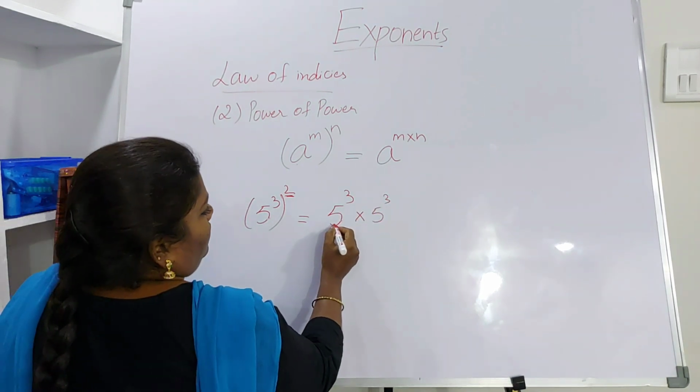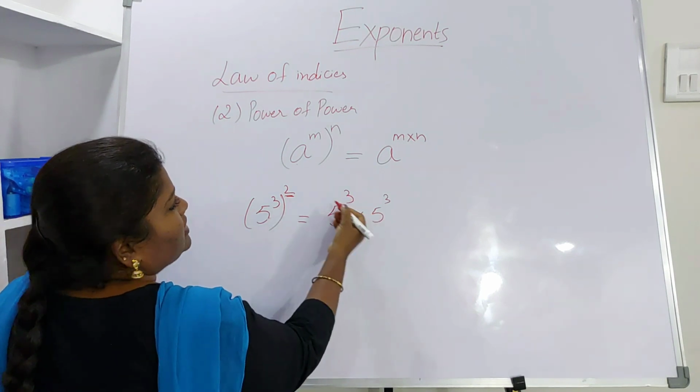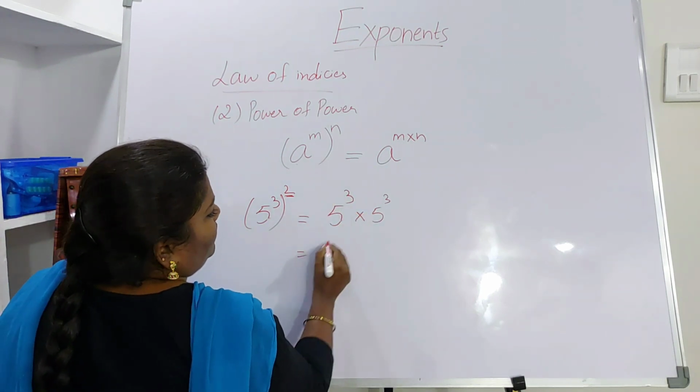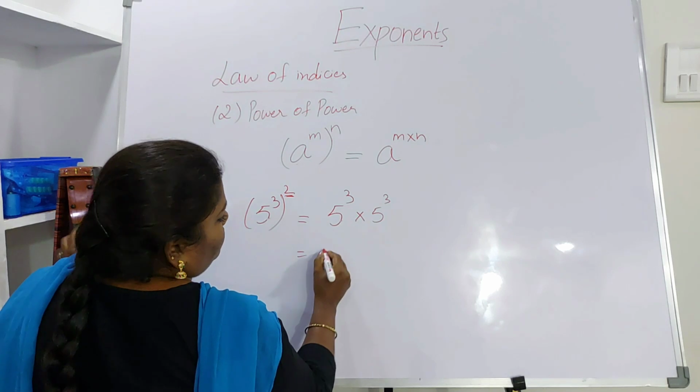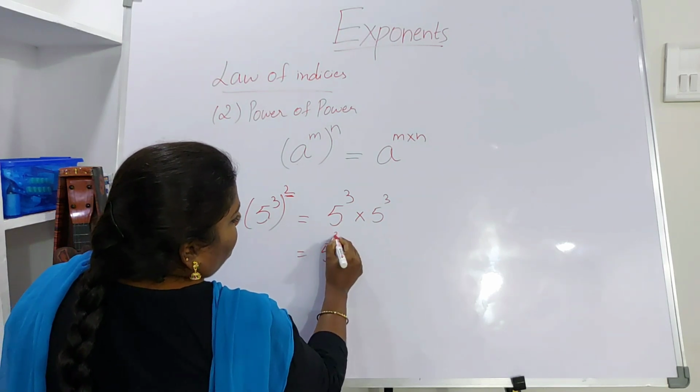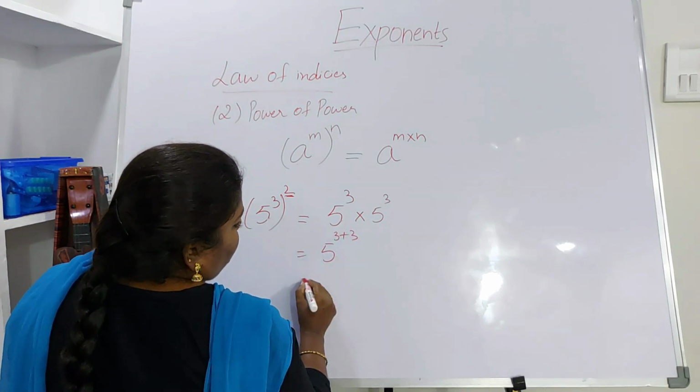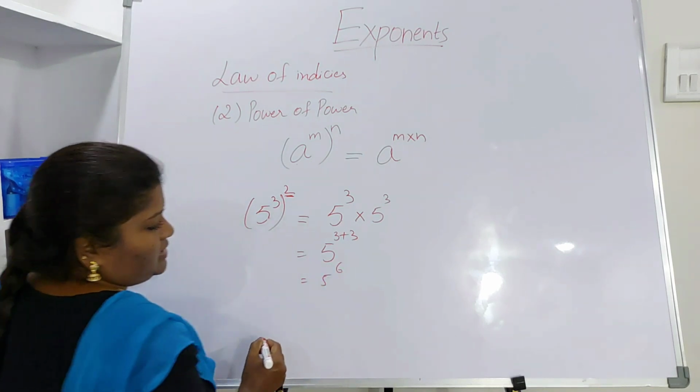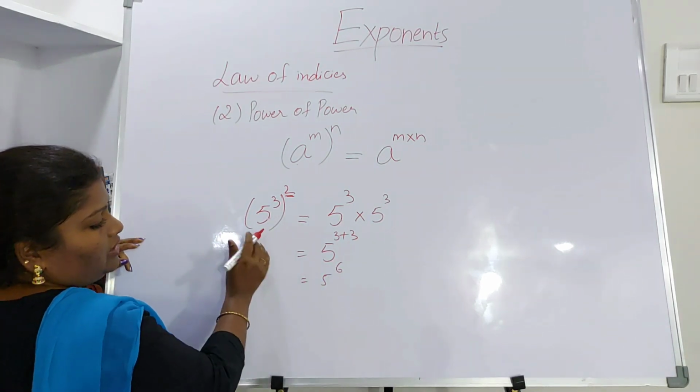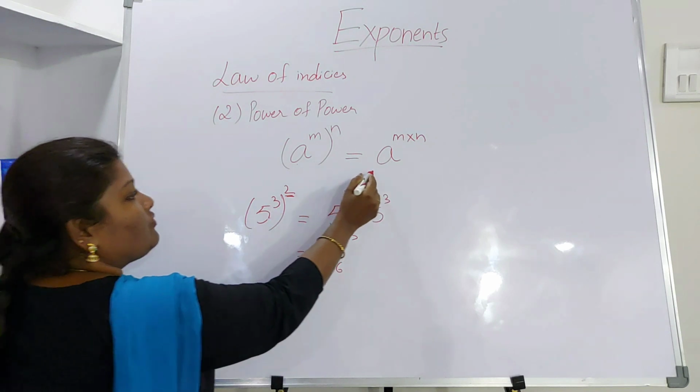Now by the previous formula, if bases are same, add the powers. So that is 5 to the power of 3 plus 3, which is 5 power 6. So here I didn't use the formula.